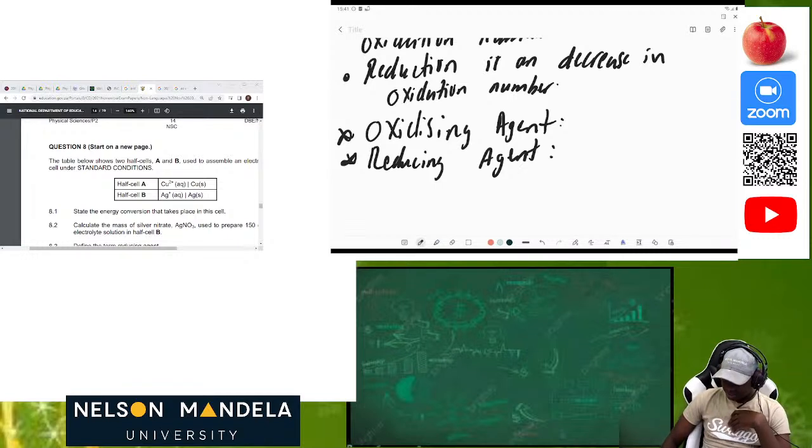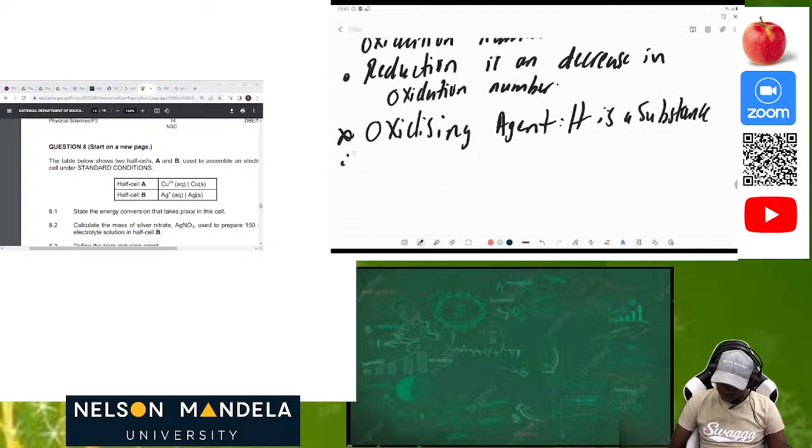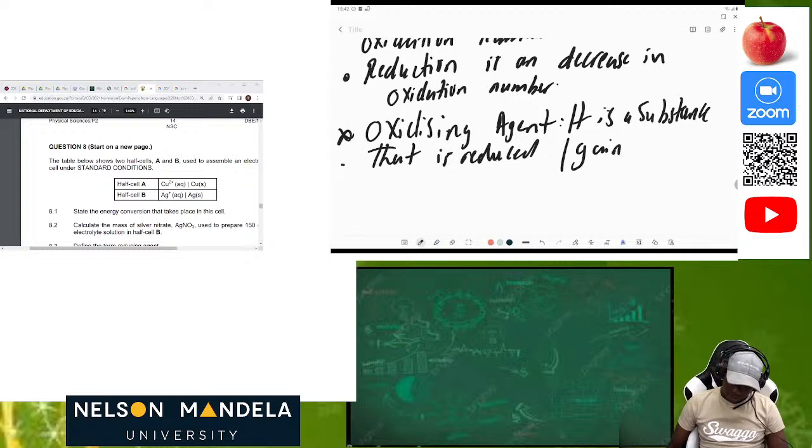It is a substance that is reduced, or the one which gains electrons.